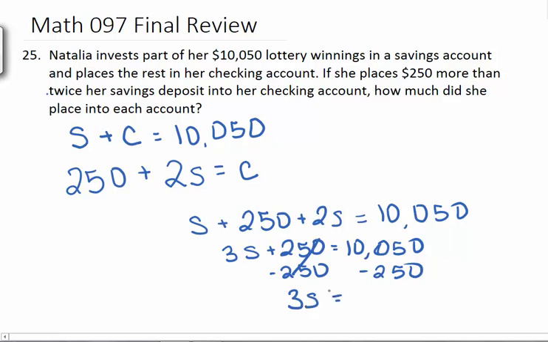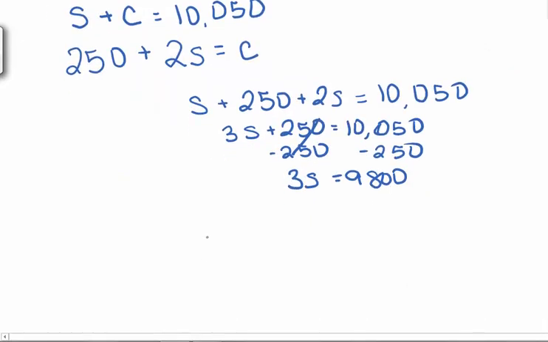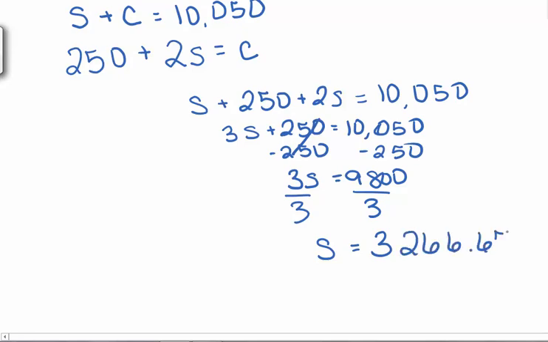So $10,050 minus $250 is $9,800. At this point, we'll divide both sides by 3. And this gives us the amount she deposited into her savings account, which is $3,266.67.